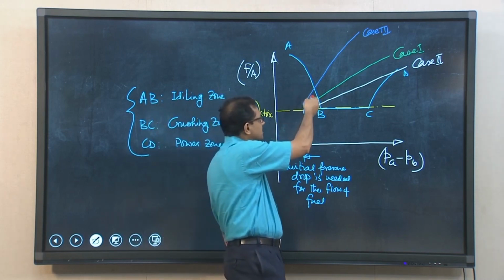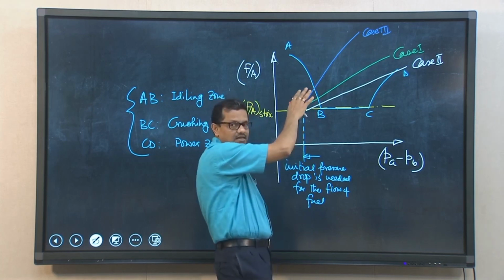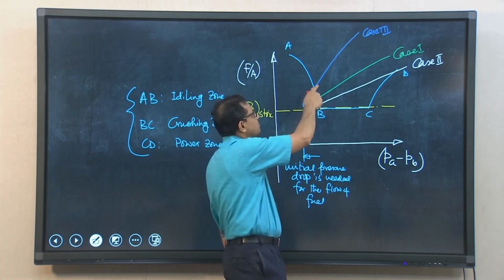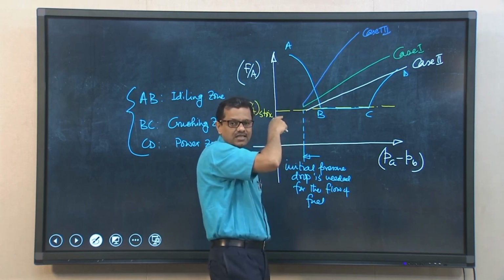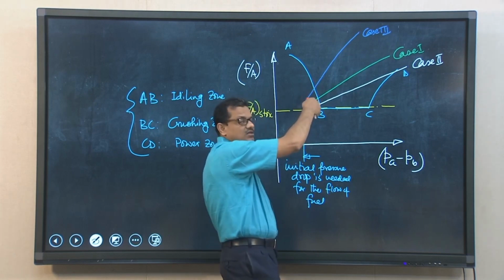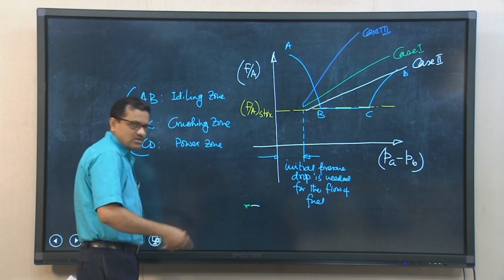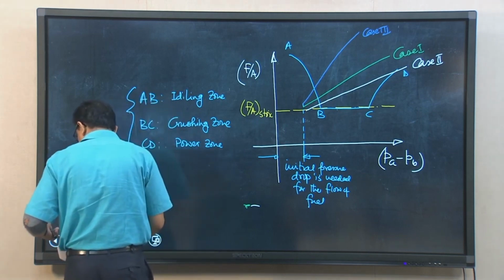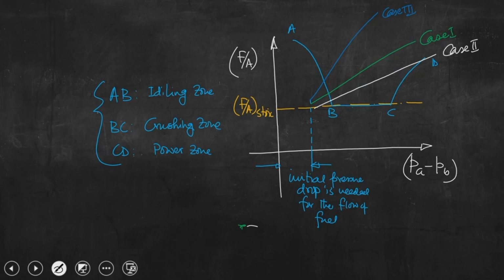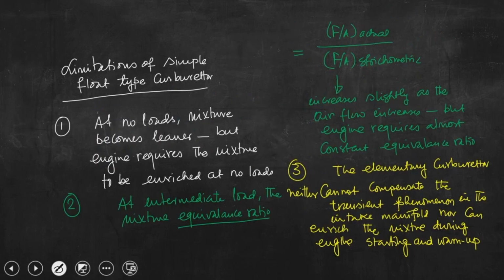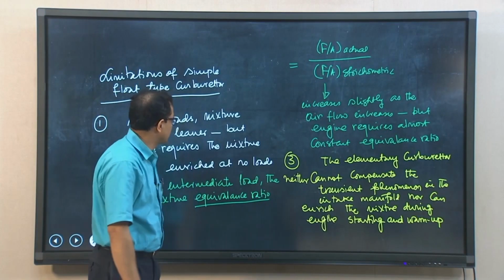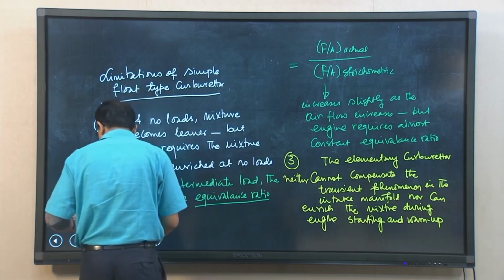But even if we run the engine following case 3, I mean if we design the carburetor in such a way that it is running following this curve shown in case 3, in that case it cannot enrich by supplying more amount of fuel that is needed during warm up or starting. So, this is one of the limitations. Now, the issue is if these are the limitations, so perhaps while someone is trying to design a modern carburetor, the designer must consider all these issues, and these issues should be addressed by suitably modifying the design of a simple float type carburetor.